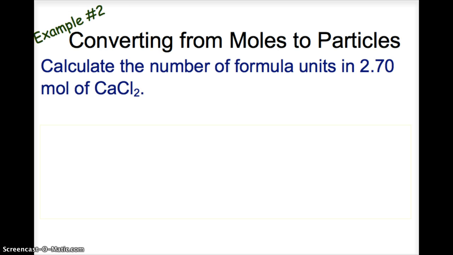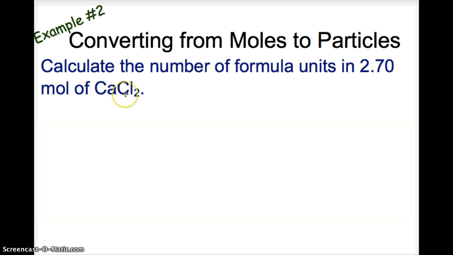Let's look at another example. Here, I'm asking you to calculate the number of formula units in 2.70 moles of calcium chloride. I look at calcium chloride and I notice that this is an ionic compound. I know it's ionic because calcium is a metal and chlorine is a nonmetal.